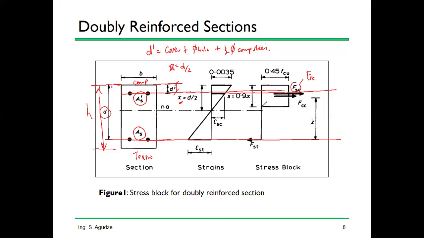Now, you see, this is the section, this is the strain diagram. So the strain here, this is the epsilon ST, the strain is still in tension. And then the epsilon SC, the strain is still in compression, which is this one. And then the top here is the failure strain in concrete. Okay, this one is epsilon CC. All right.